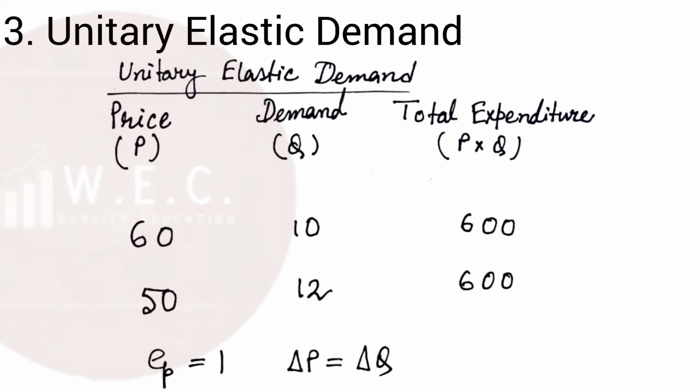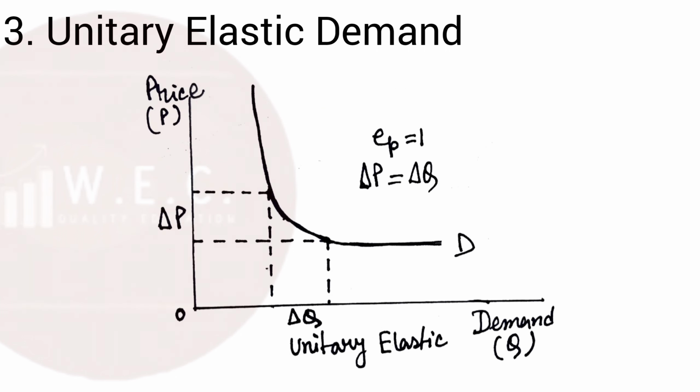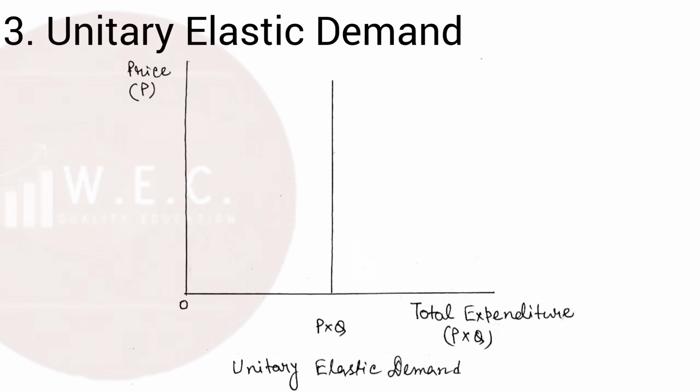The demand curve of a unitary elastic good becomes like this. It is a rectangular hyperbola. That is, whatever the price or quantity change is, in each case P into Q will be the same. That is, total expenditure will be the same. In this case, the total expenditure curve will be vertical to the y-axis.